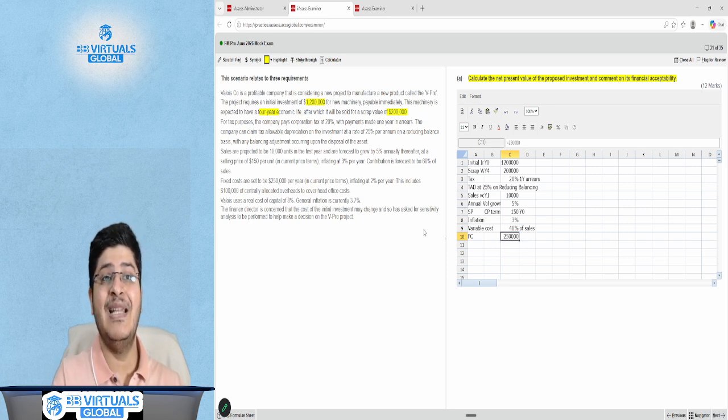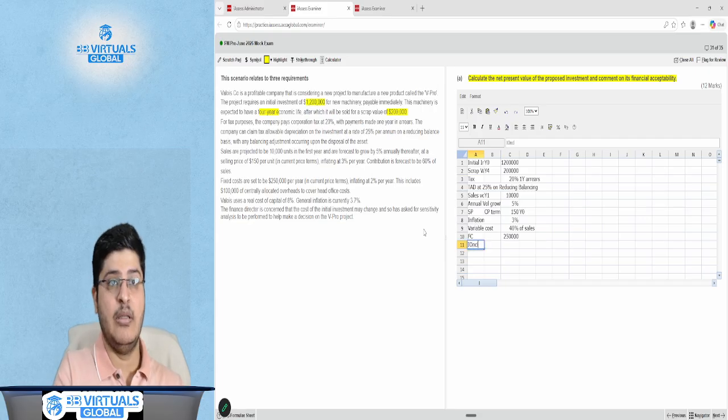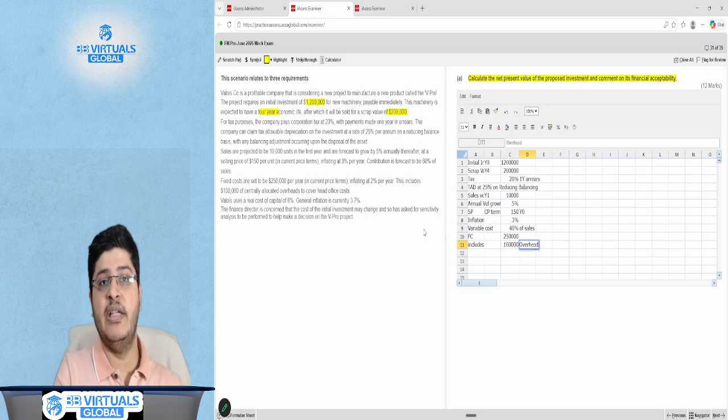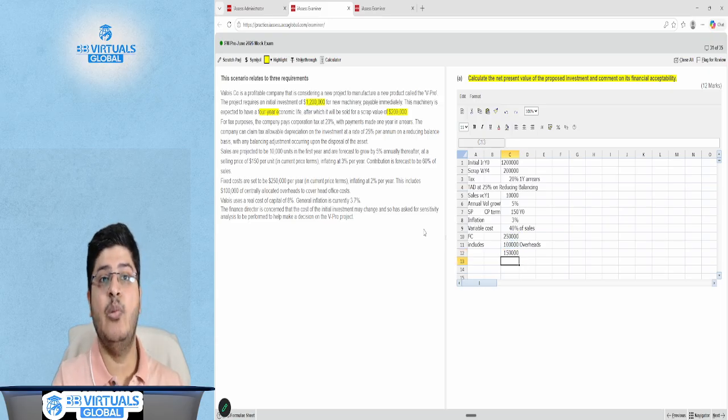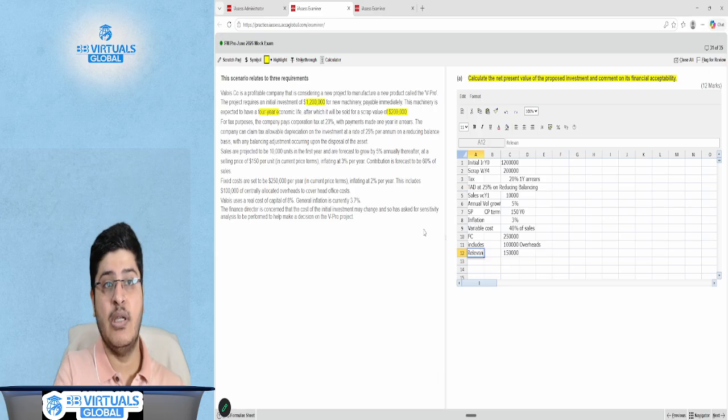But this includes 100,000 of overheads. Remember we had studied that overheads are non-relevant. Overheads are anyways getting incurred irrespective of whether they get allocated to you or not. So you will consider the relevant fixed cost. Relevant fixed cost is 150,000.